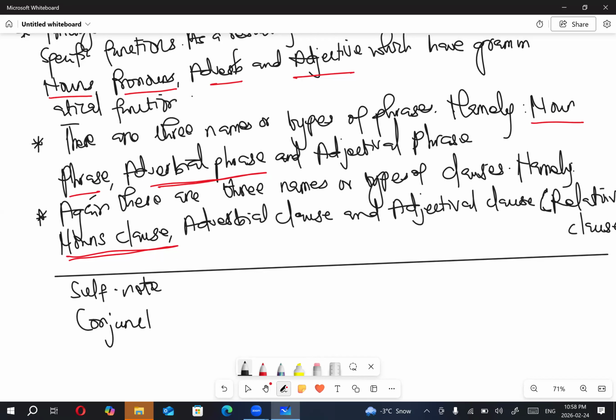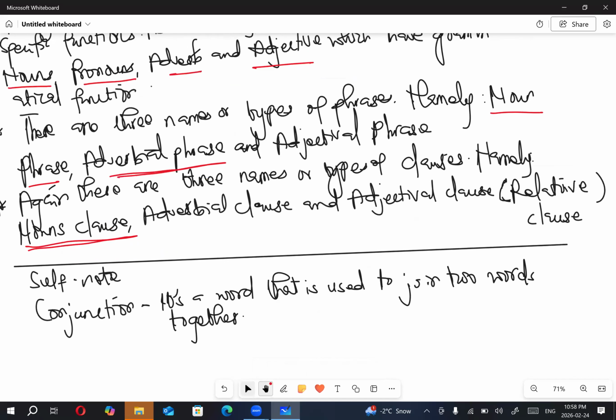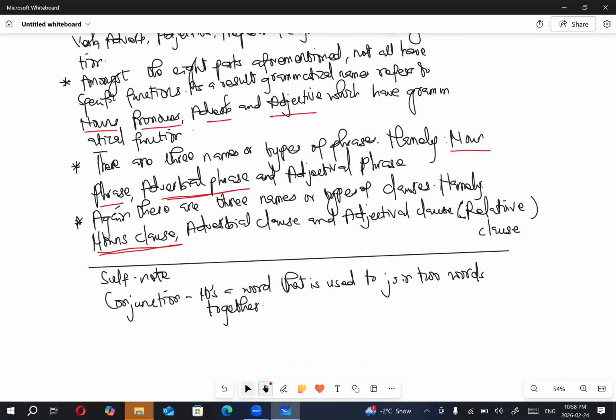Conjunction. A conjunction is a word that is used to join two words together.